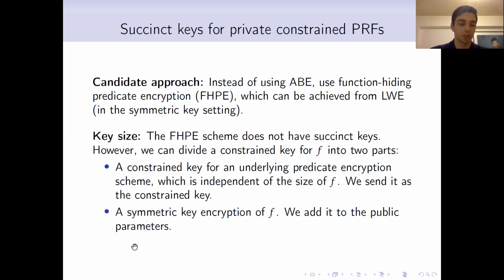And in function hiding predicate encryption, the constraint keys also hide their respective constraints. And this cryptographic object exists based on learning with errors in the symmetric key setting, which is all that we need.